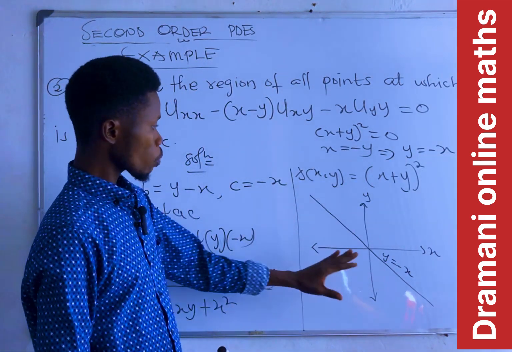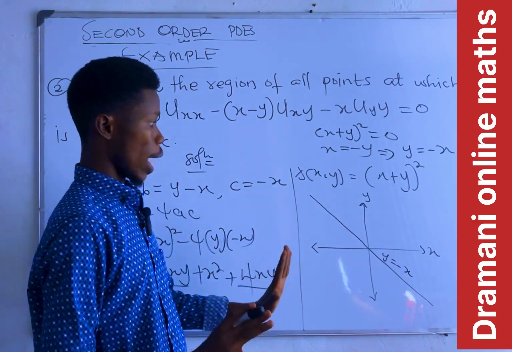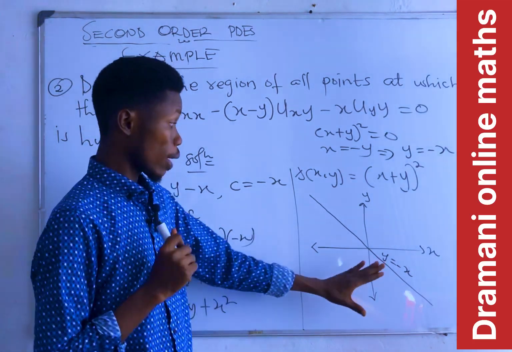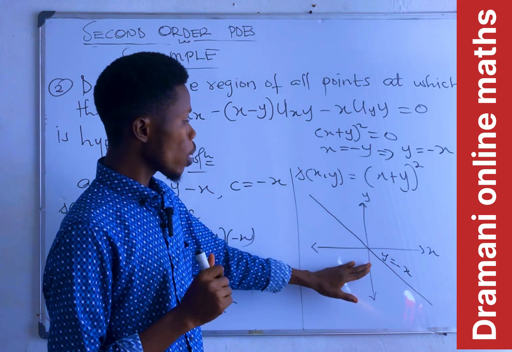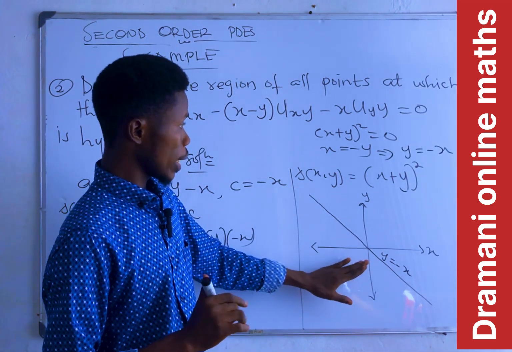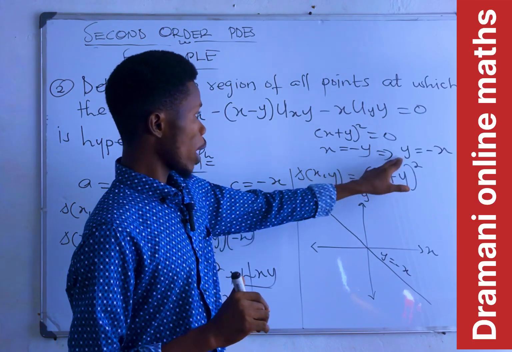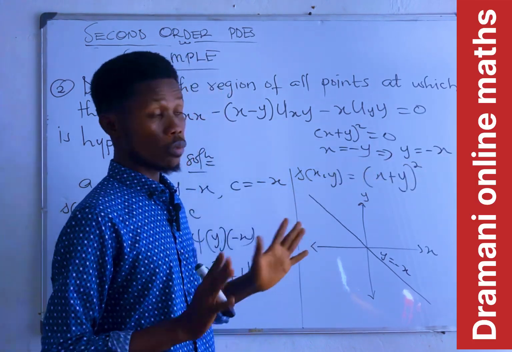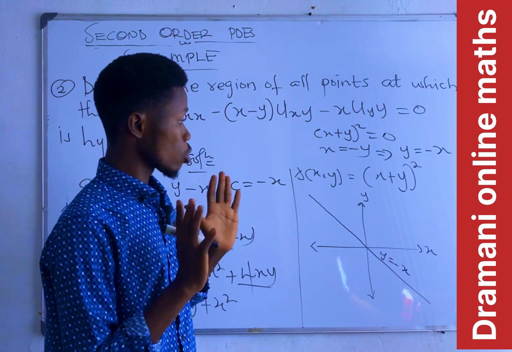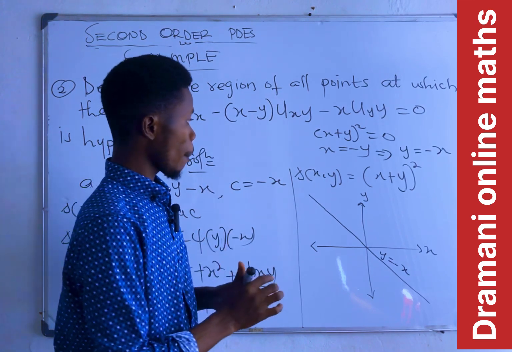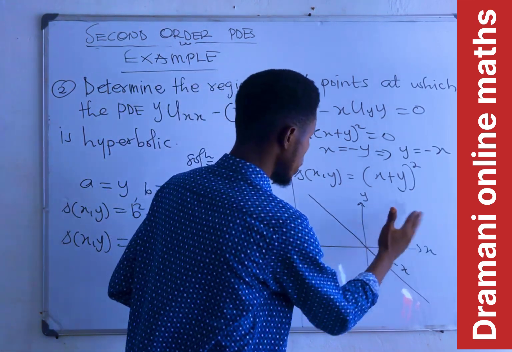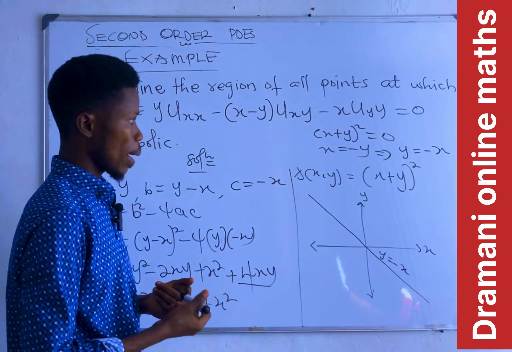Now, we want to determine the region where the thing is hyperbolic. The meaning of what I've done here is that the only region where it is not hyperbolic is when y is equal to negative x, or x equals negative y. That's where the region is not hyperbolic. It means that the rest can become hyperbolic.